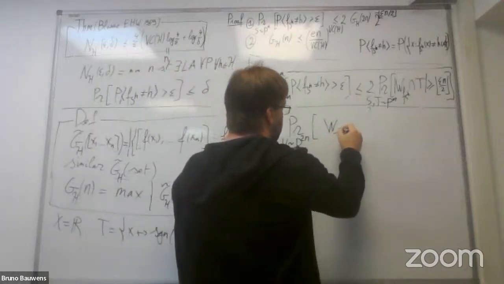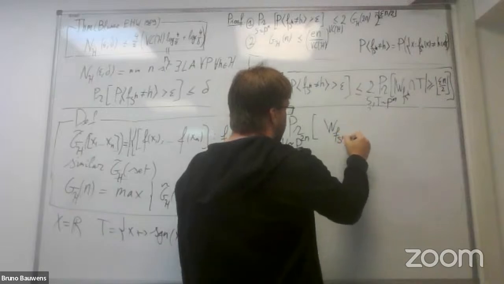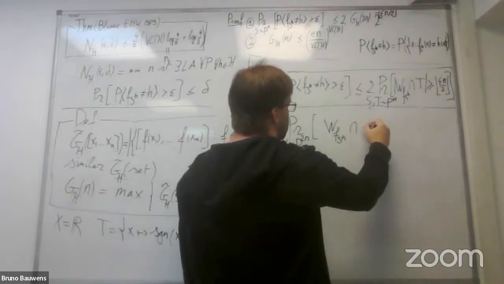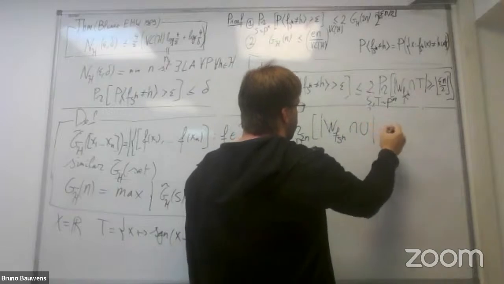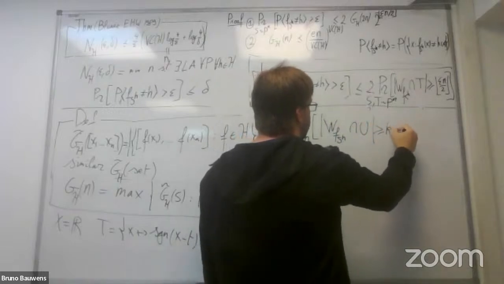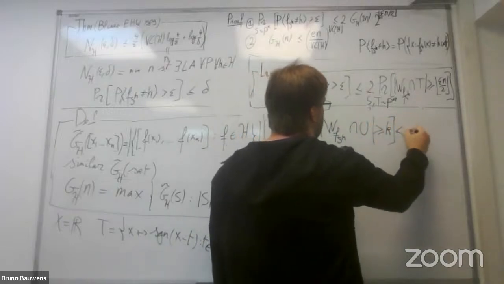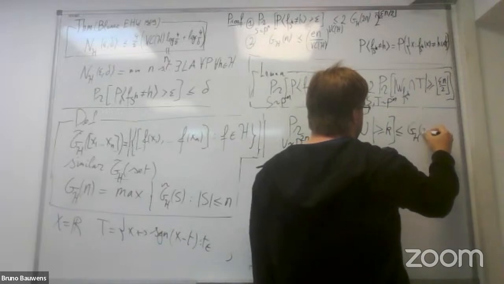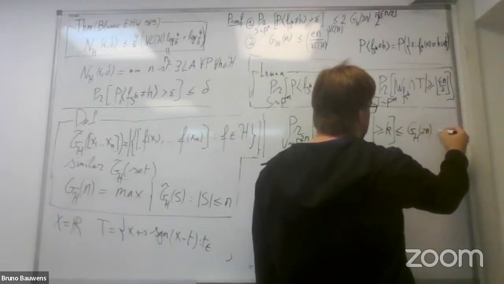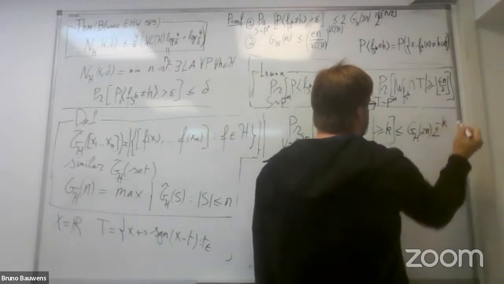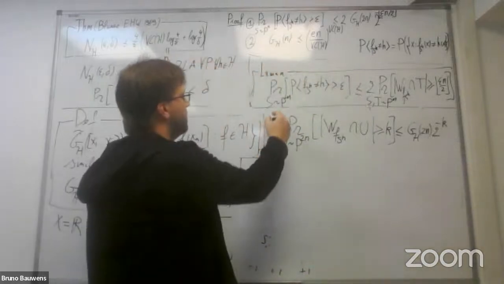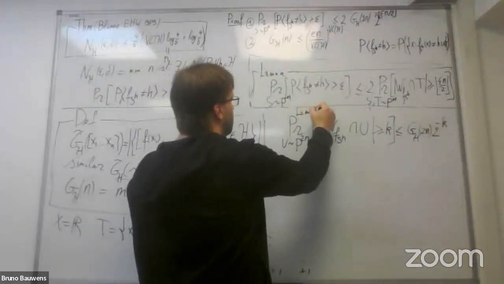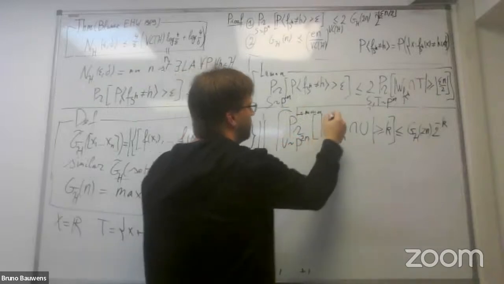That means that the probability that WFSH intersect U is bigger than some value K will be smaller than the growth function of 2n times 2 to the power minus K. This is the second lemma that we will prove.